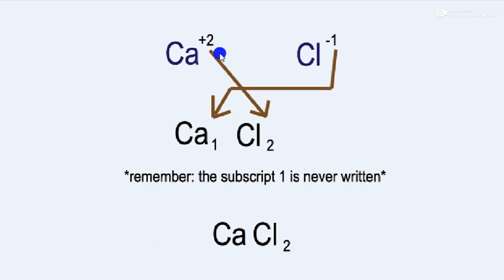Then you have to interchange the valency, and when you interchange the valency, you have to ignore the plus or minus sign. And remember, the subscript 1 you never write, or if the same number is there, then no need to write that number. These are the steps to write a chemical formula.